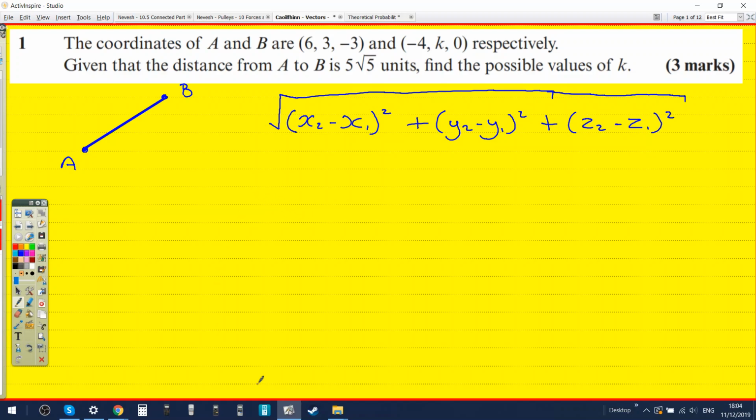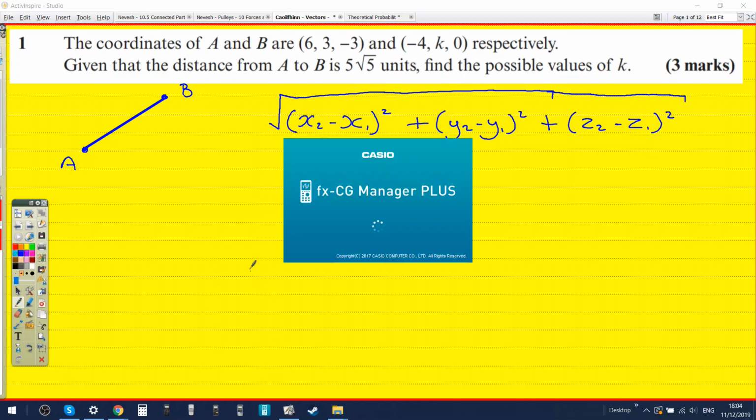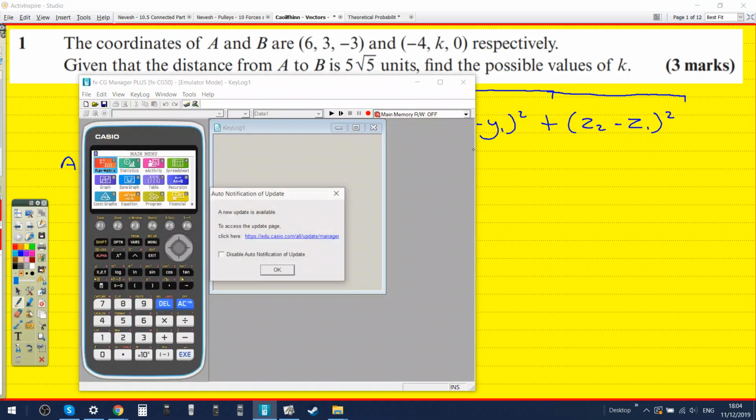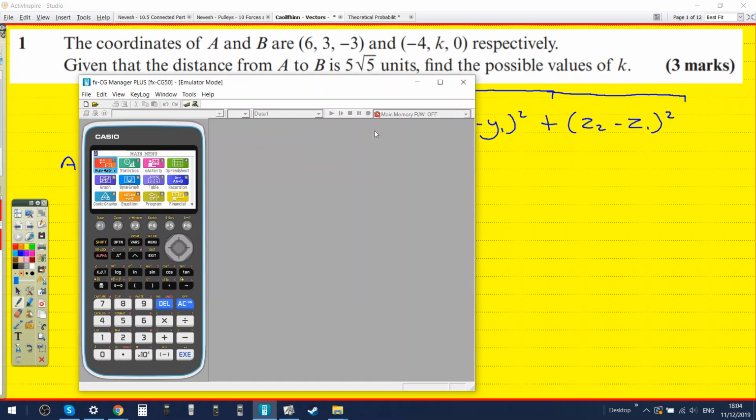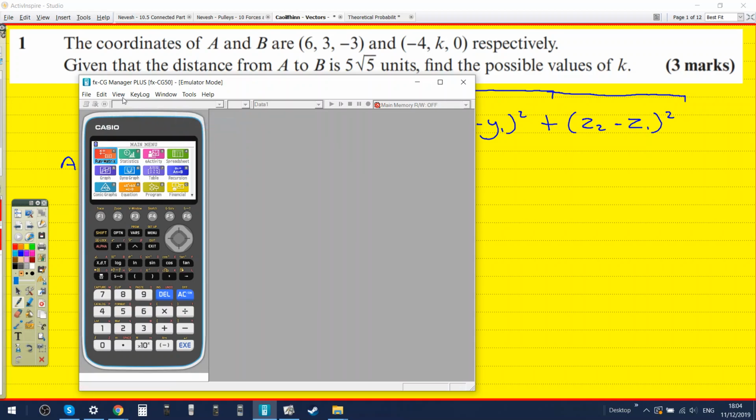Sounds good to me. And then how do you go about finding out what k is?